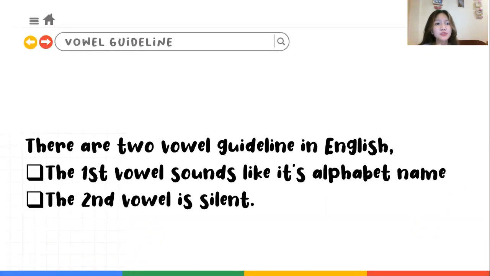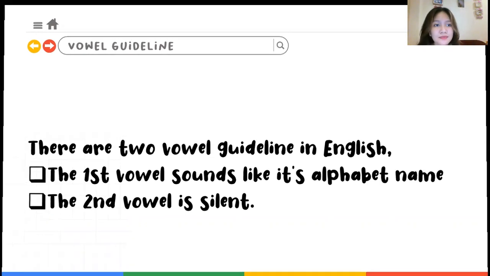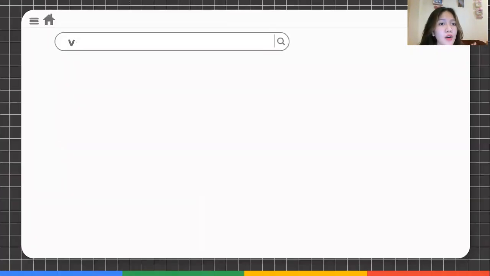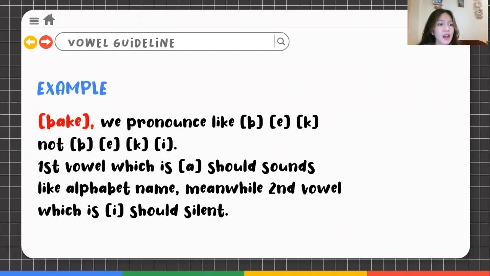Okay, now we enter the vowel guideline. There are two vowel guidelines in English. The first vowel should sound like its alphabet name, and the second vowel should be silent. Now we enter the examples for the vowel guideline. For the word bake, we pronounce it like bake, not bakey.